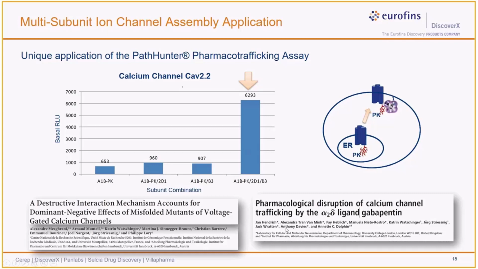Just noting down here, there are 2 publications around this application for your reference. All right, relevant areas of interest for this specific application and monitoring proper assembly and trafficking include natural mutations that result in misfolding subunits and preventing trafficking, or studies of chemical disruptors of subunit assembly. Those are 2 common ones.